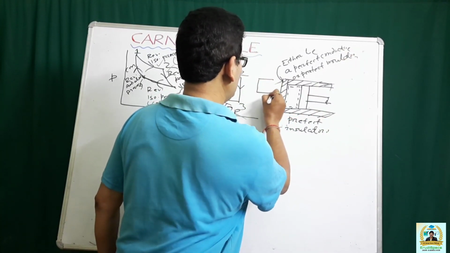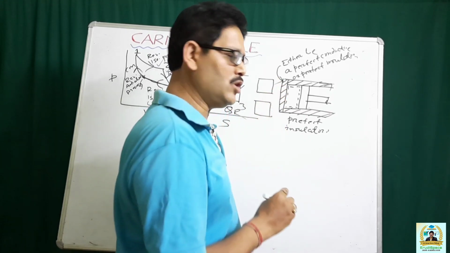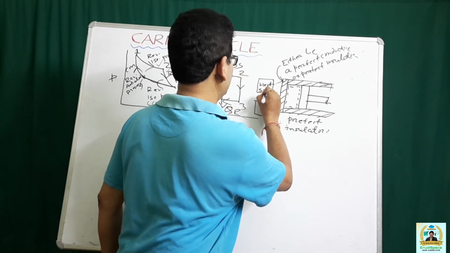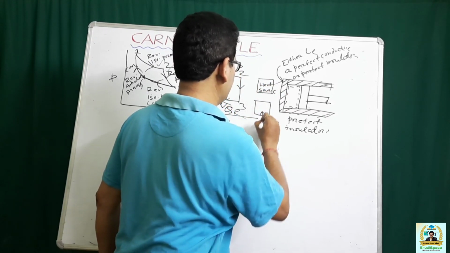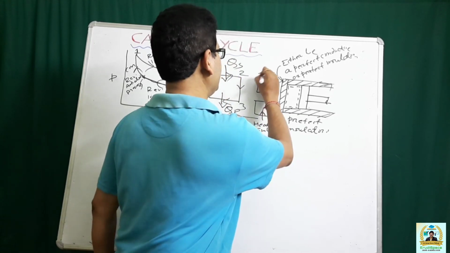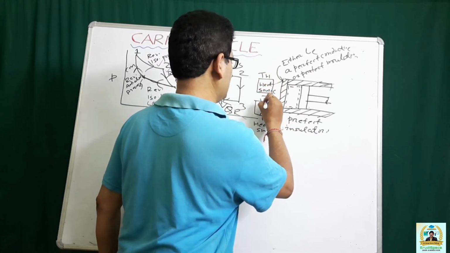You have two thermal reservoirs. One is the source, this is your heat source, and this one is your heat sink. This is maintained at temperature TH, and this one is maintained at temperature TL.